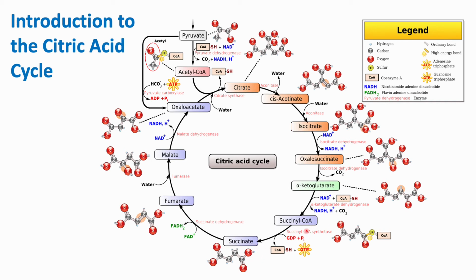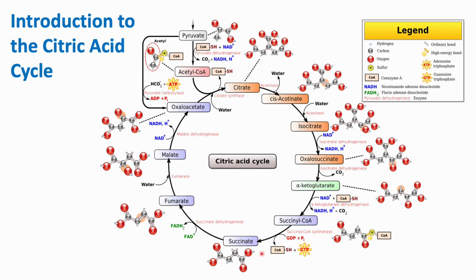And as that coenzyme A group is released, there is a release of energy. And that energy release is going to phosphorylate the GDP, and it's going to become GTP. And this is done by the enzyme succinyl-CoA synthetase. So that energy release from that coenzyme A group catalyzed the reaction of GDP to GTP. So a phosphate was essentially added. And now we have succinate.